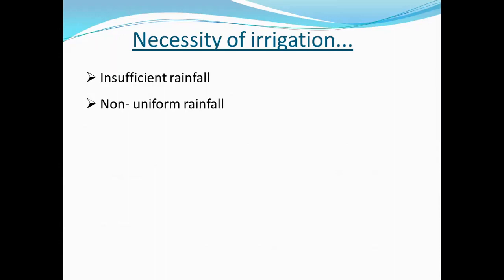So the next is growing a number of crops during a year. Sorry, the rainfall in a region may be sufficient to grow only one type of crop during a rainy season, right? For which no irrigation may be required.